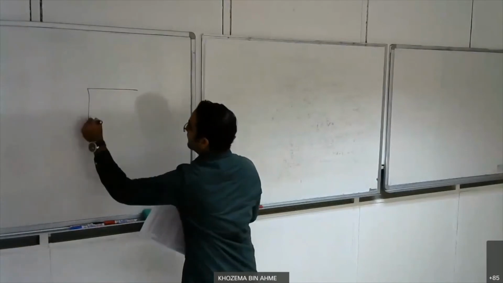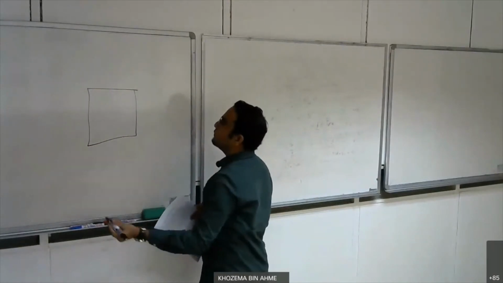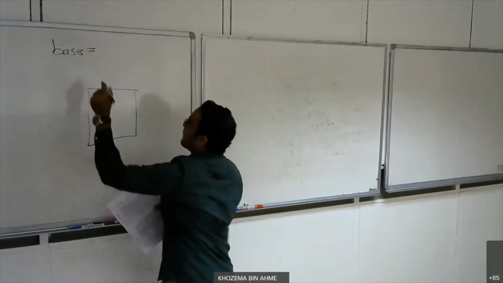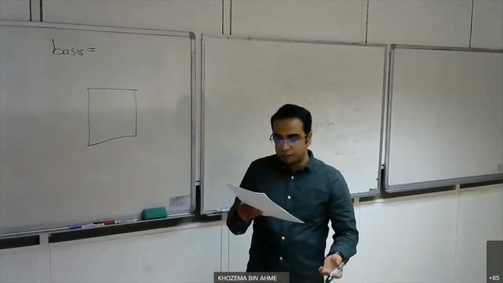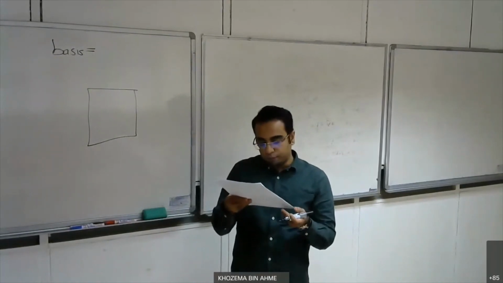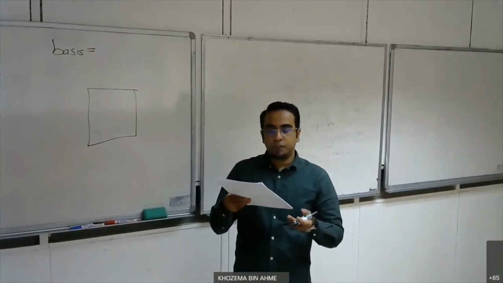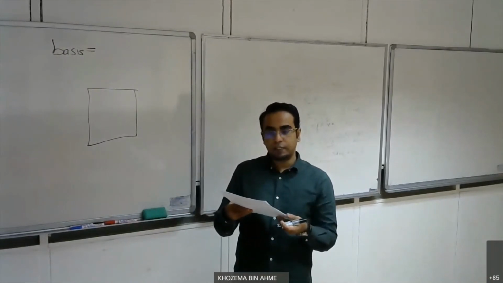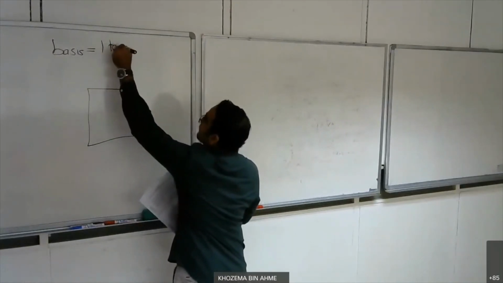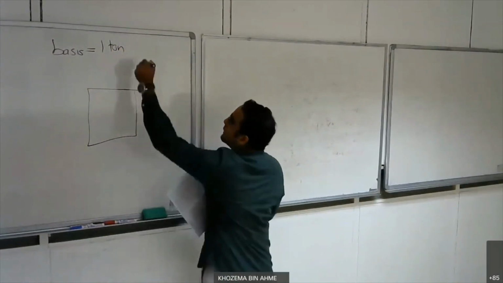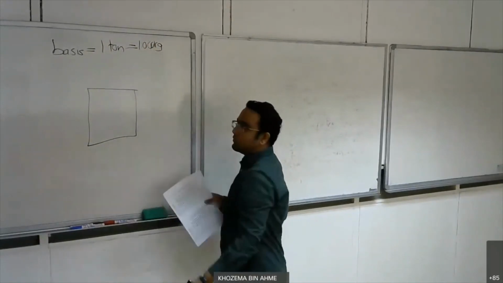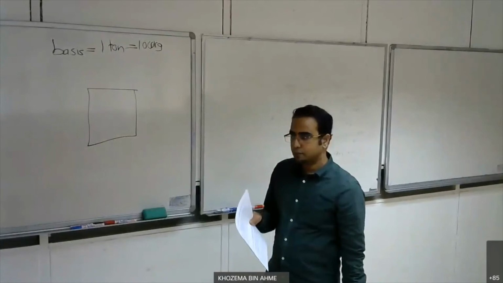So again, the basis is, from the last line of the question, how much water is evaporated per ton of sludge sent, so I know that I'm dealing with 1 ton of sludge. 1 ton is also equal to 1000 kg, so this is my basis.